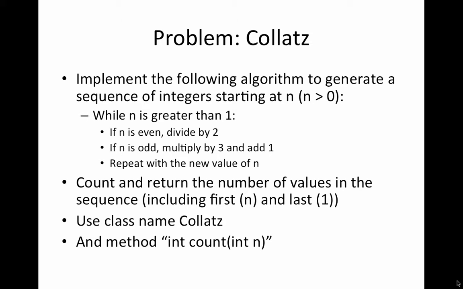And what we want is to implement this algorithm in a method that will return to us an int, the count, and it will take as a parameter the particular number that we're starting with. You can play with different values of n and see that they will always result in 1.